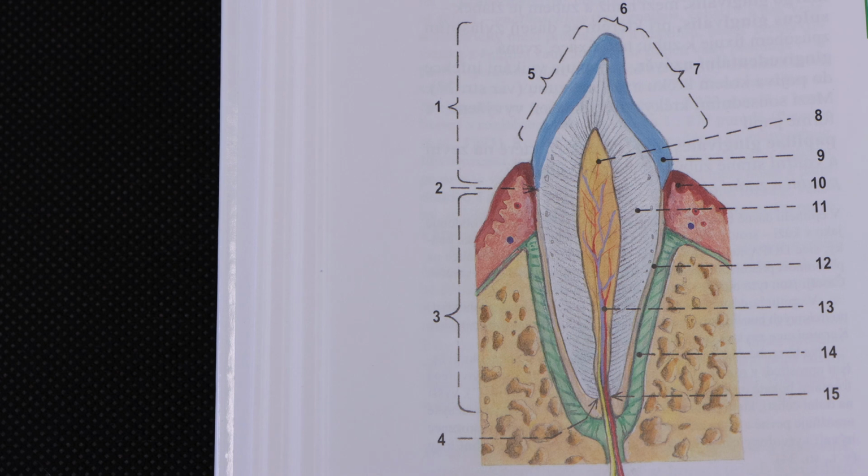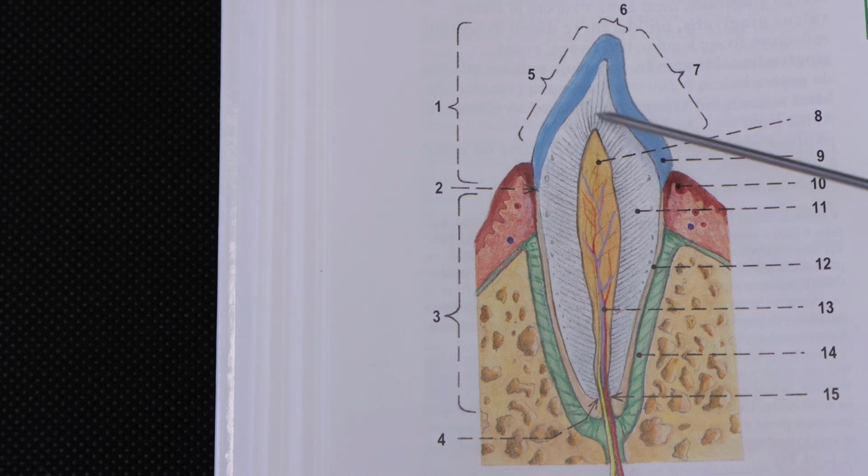It is composed of 97% inorganic structure, and it's made by the cells which are called ameloblasts. These ameloblasts form the enamel, which is formed in the shape of prismata or prisms.